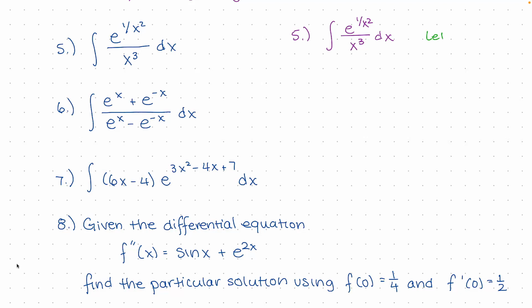So we're going to let u equal 1 over x squared, which, remember, you can think of as x to the negative 2. So what is du? Excellent. Yes. And it does seem like some of us still need practice with u substitution.